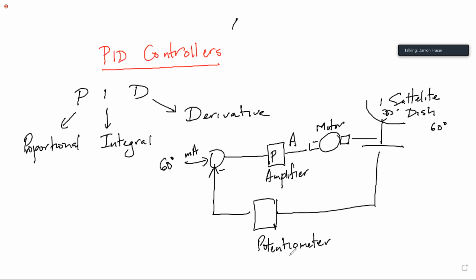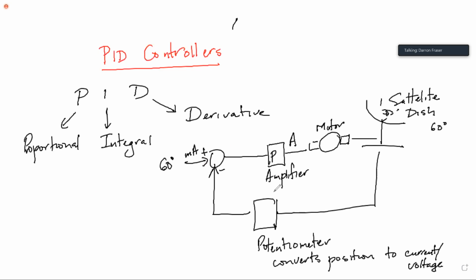So the potentiometer converts position to voltage current. So we have our system like that.